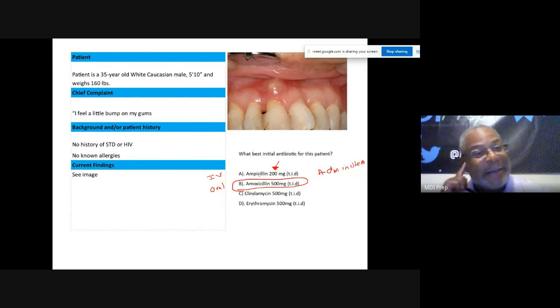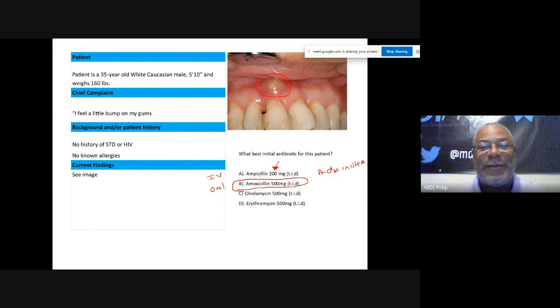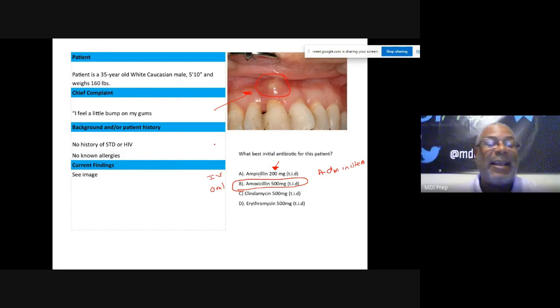Now, question: what do you see right here? What is this? Sinus tract. It is an abscess. Very good. So what's the major bacterial cause of an abscess? Anaerobic bacteria. Okay, such as?